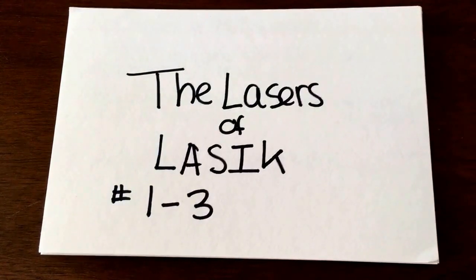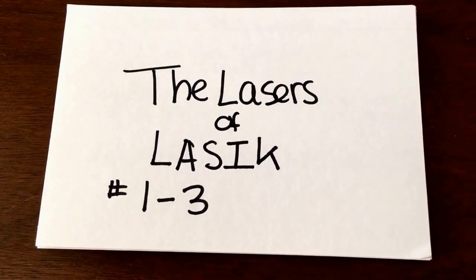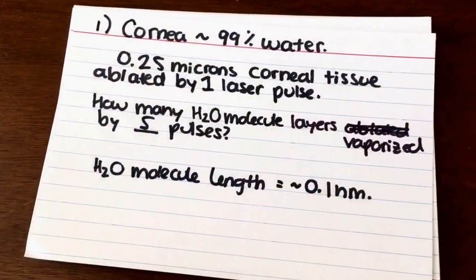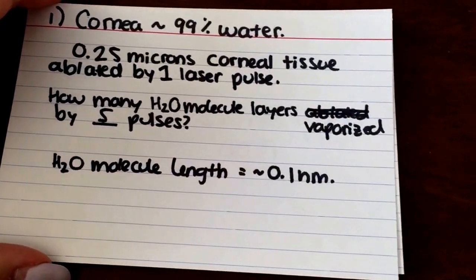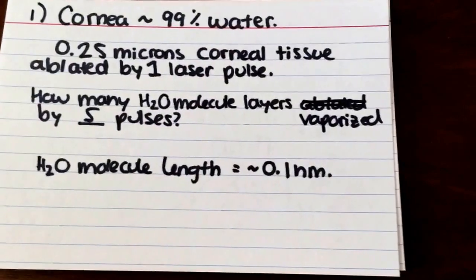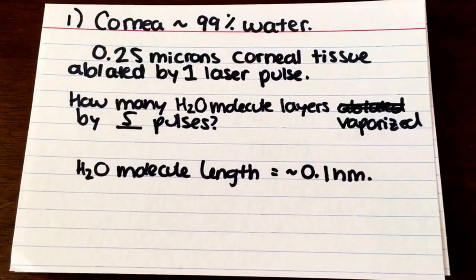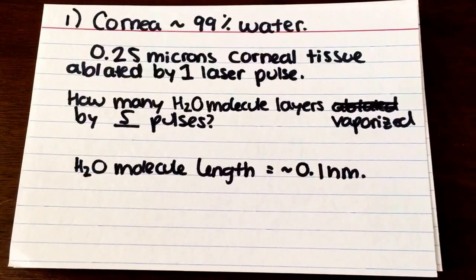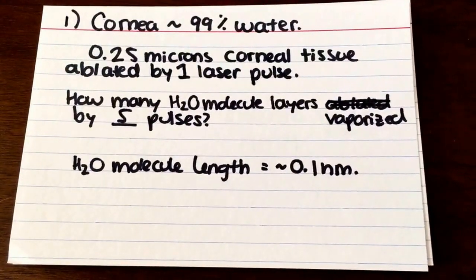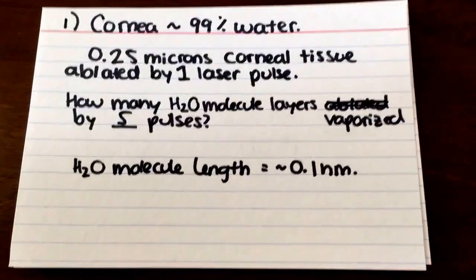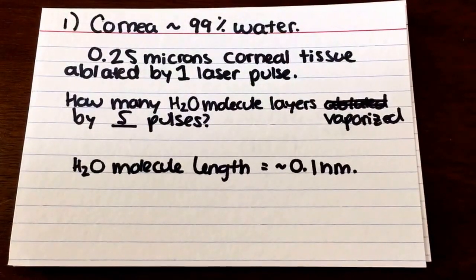So let's get going on the first part of the problem, and that's going to be problem number 1, which is about finding how many water molecule layers are vaporized by 5 pulses of the laser. And so here we have the information, and yours might be a little bit different.